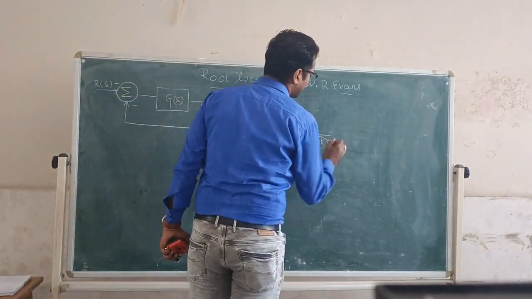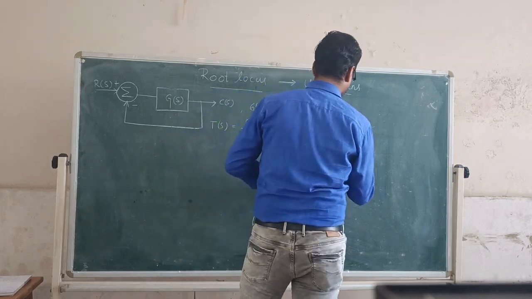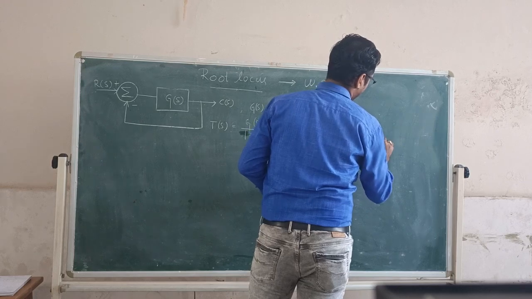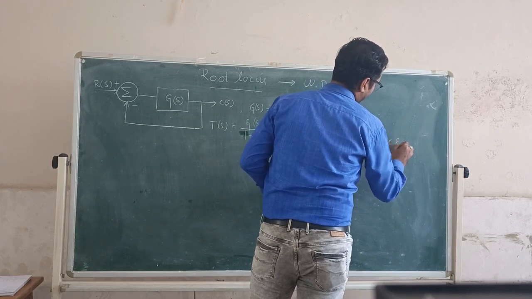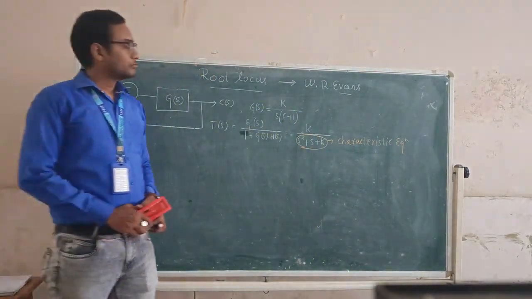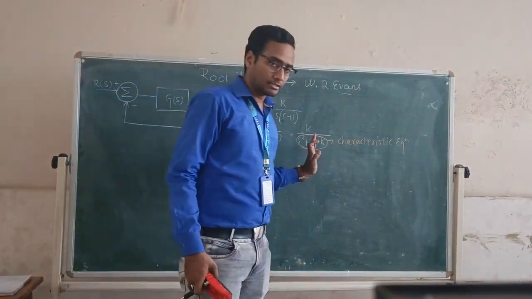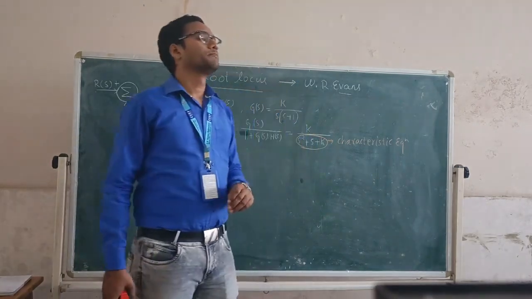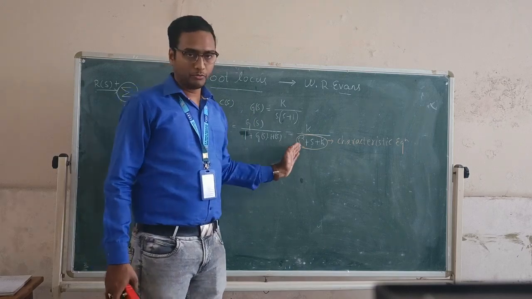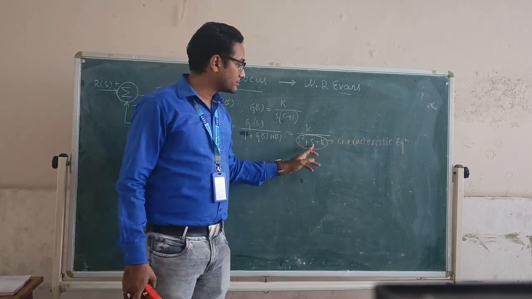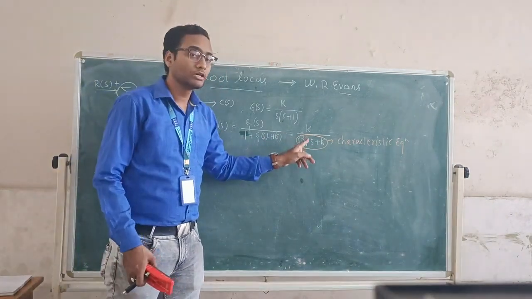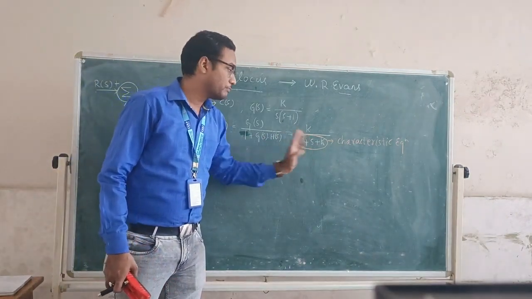The characteristic equation is an equation which tells about the system characteristics, that's why it is called the characteristic equation. The roots of the characteristic equation will give us the closed loop poles, not the open loop poles.